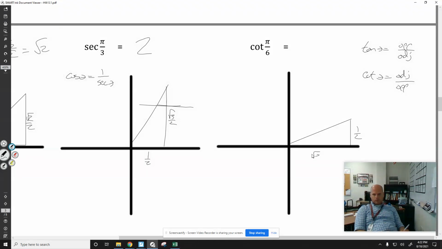Adjacent root 3 over 2. Adjacent over opposite, not opposite over adjacent. Keep, change, change. Is that what they say? Dividing is the same as multiplying by the reciprocal. You just get root 3.